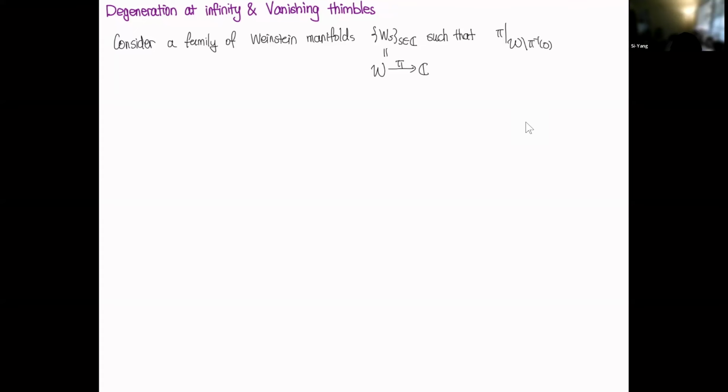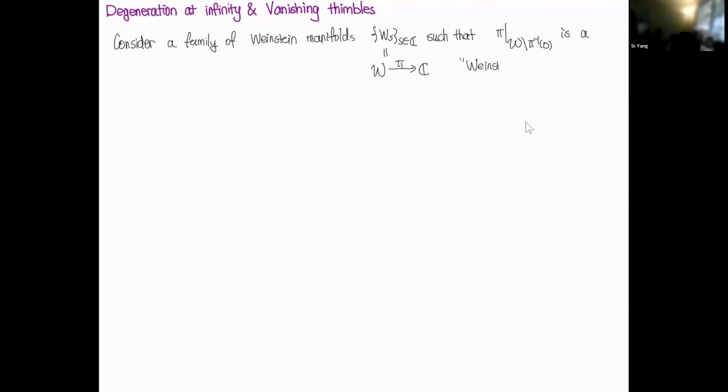So we consider a family of Weinstein manifolds W_s, where s belongs to a disk Delta in C, which is still just a one parameter family of Weinstein manifolds, and such that this can be written as a big map π from W to C. And the restriction of this, removing the preimage of zero, is a symplectic fibration.